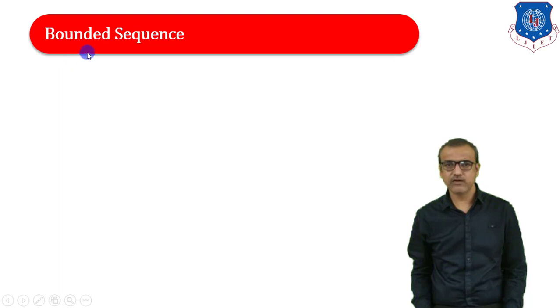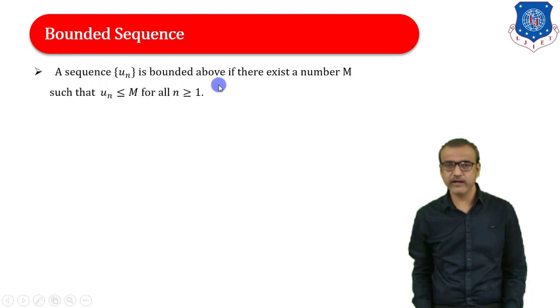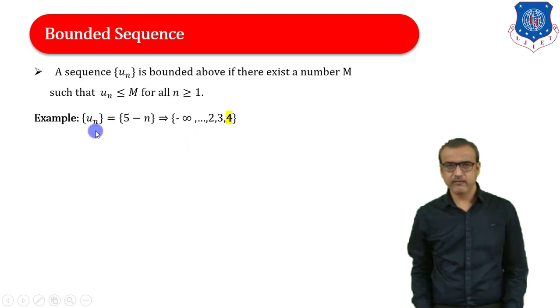Now we will see what is a bounded sequence. A sequence u(n) is bounded above if there exists a number M such that u(n) is less than or equal to M for n greater than or equal to 1. Here is the example, u(n) = 5 − n. Now if you put down the different values of n, for n = 1 it is 5 − 1, that is 4.